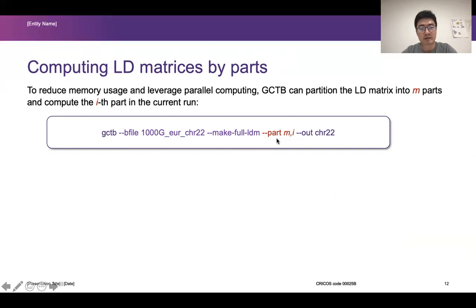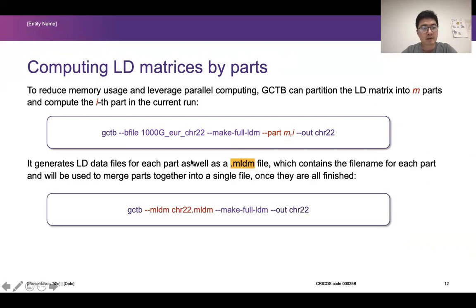This could be particularly useful when you are running a job array on an HPC cluster. This command will generate the LD data file for each part and also a text file which contains the file name for each part. And then we run this command with the generated text file to merge all the parts together into a single file once all the parts are completed.